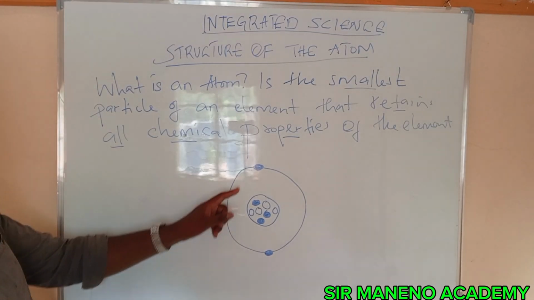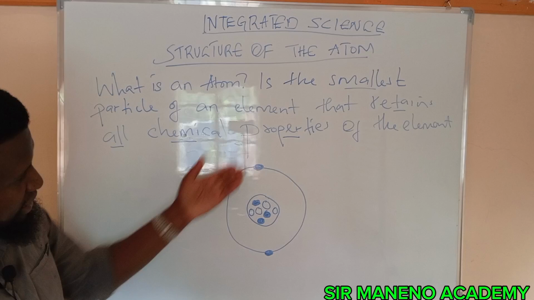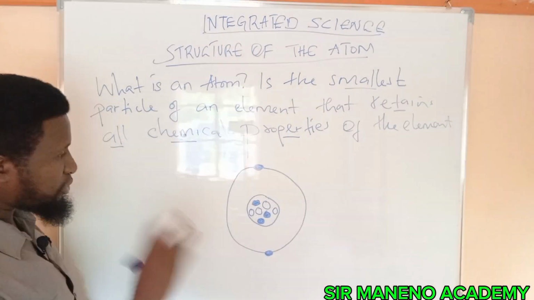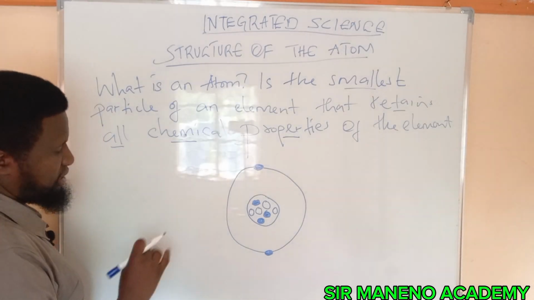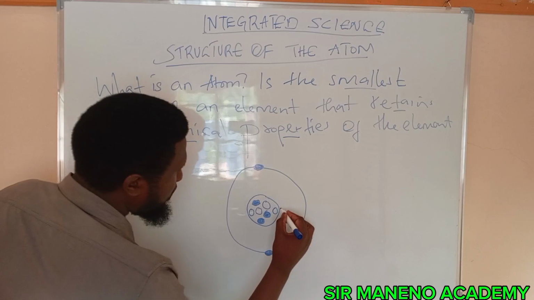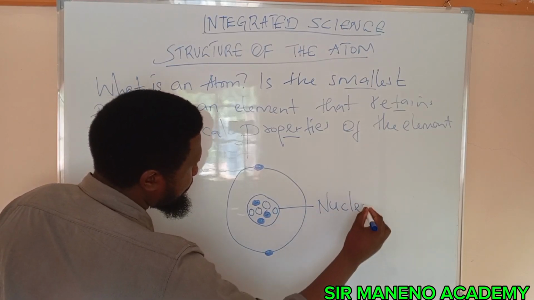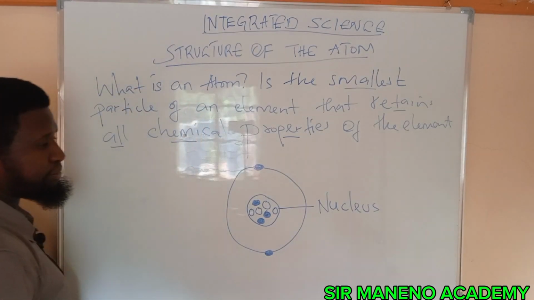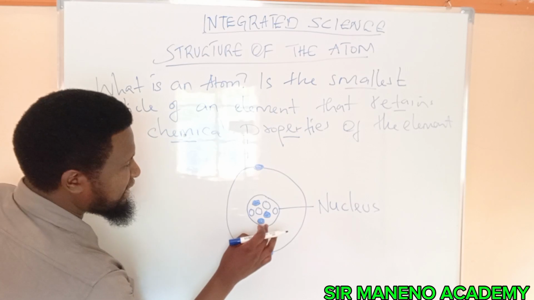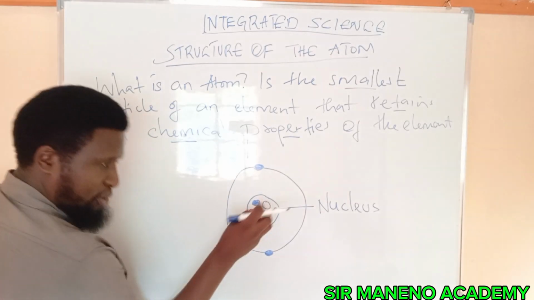Now, this atom, if you look at it, we have several parts and areas here. I want to say that an atom has got two main regions. We have this region which is at the center here. We call this one nucleus. You can see this region has got subatomic particles inside it.